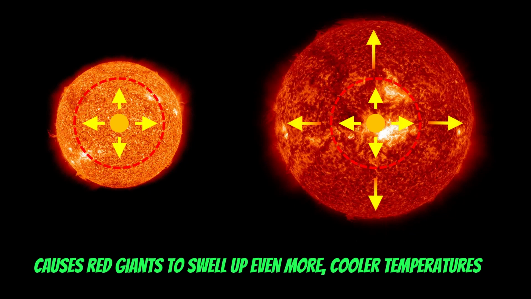And because it swells up more, it cools its surface temperature down, which then makes it redder. So part of the reason why red giants become red is because they swell up, their surface temperature cools down. But if you increase that even more by having more metals in there that absorb the energy and make it swell even more, then you're going to get a cooler temperature, which makes an equivalent one appear redder as well.